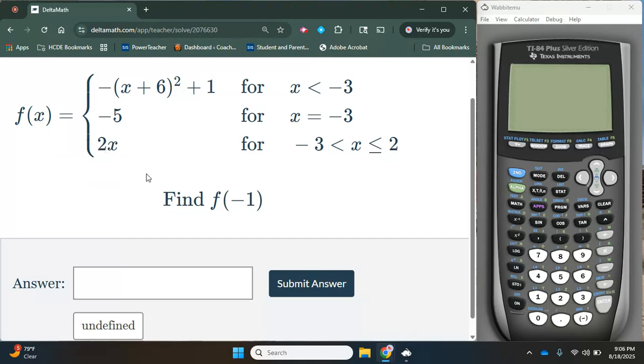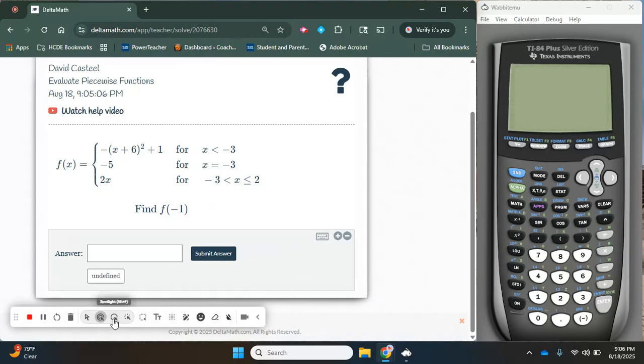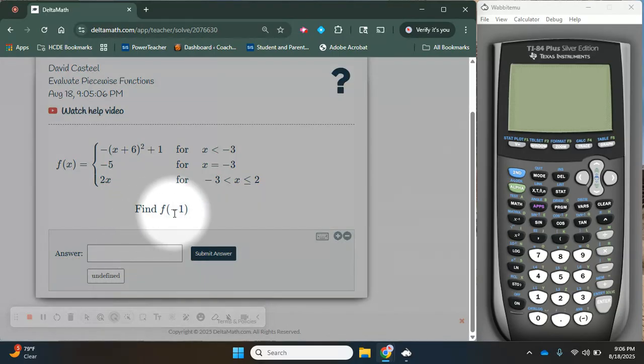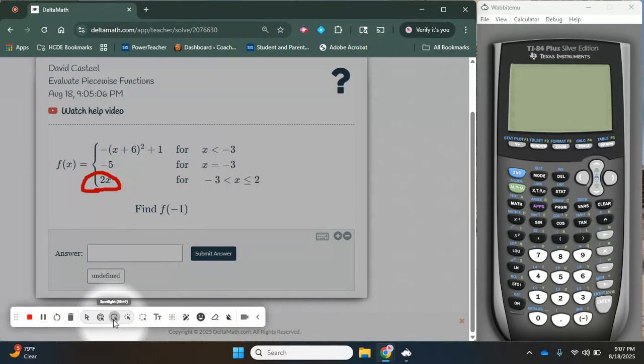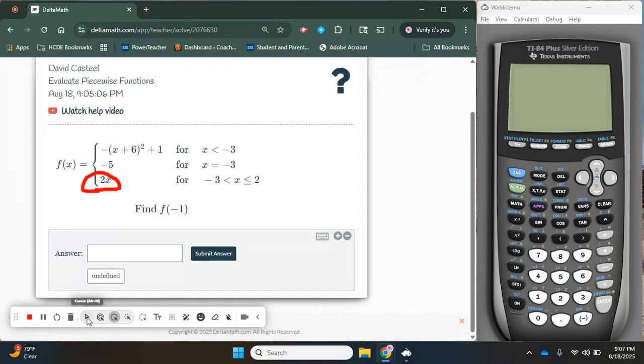So the first thing we need to do is find out what domain each of these belongs in. So -1 is not a value less than -3. It's not a value equal to -3, and it is a value that is between -3 and +2. Now, if it doesn't fall into any of those values, what we end up with is undefined. So what we're going to use is our equation right here of 2x.